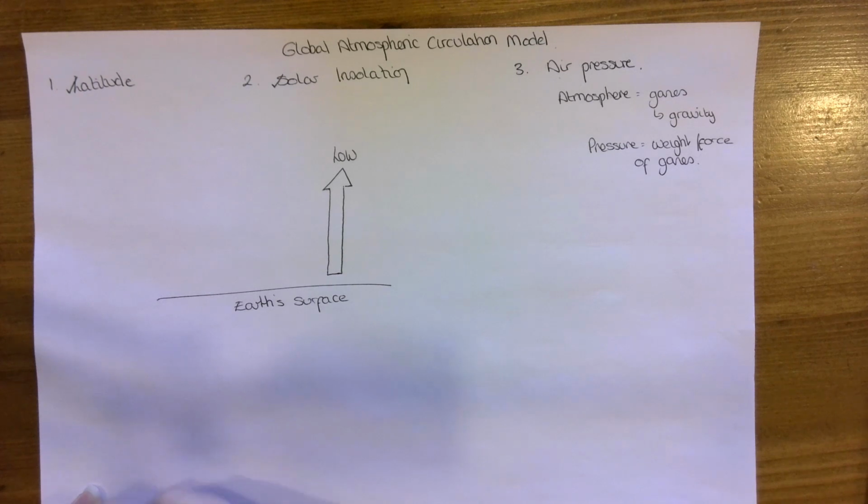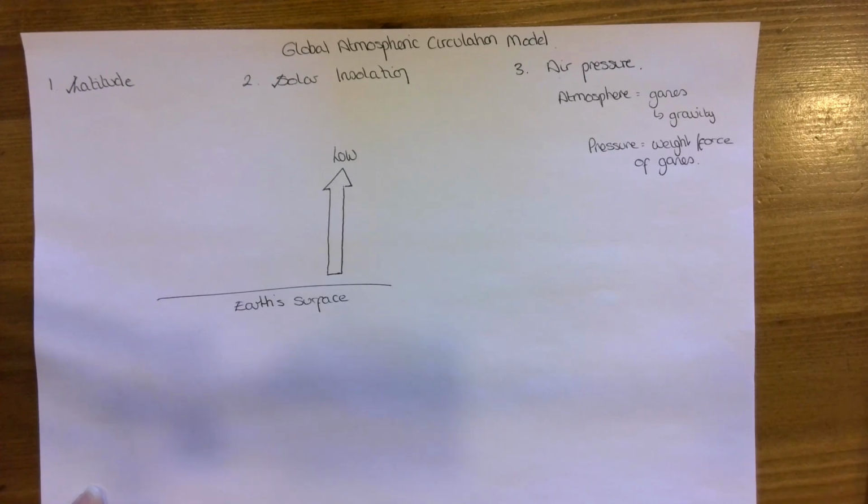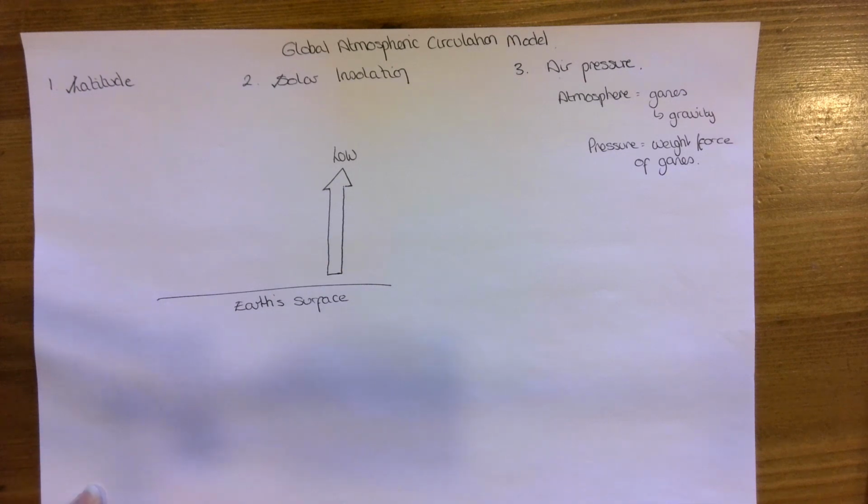And as that rises as water vapour, we know that it cools, because for every 100 metres above sea level you go, air temperatures fall by 0.65 degrees. So that water vapour, as it travels up through the atmosphere, is slowly cooling. And as it cools, it turns back from water vapour into water droplets, condensation. And it forms clouds. And when those clouds get too heavy, we have precipitation.